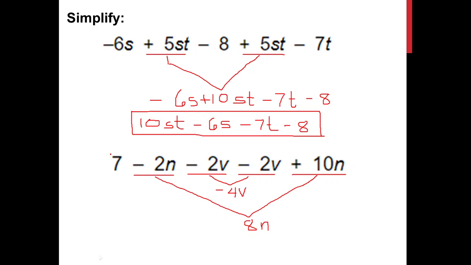And since 7 does not have any similar term here, I'll just copy 7 later on. So arranging this following the alphabetical order of the variables, n will go first. So our answer will be positive 8n, minus 4v, 7, the sign of 7 is also positive. So this is our answer.